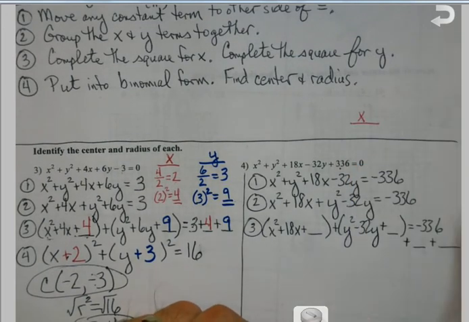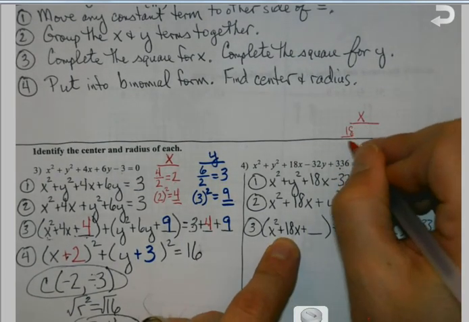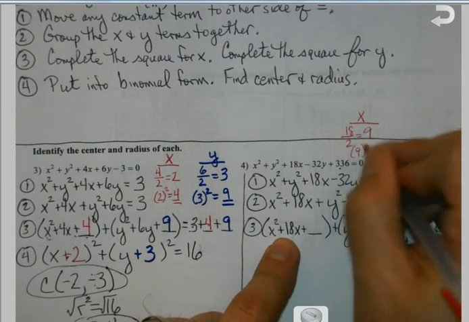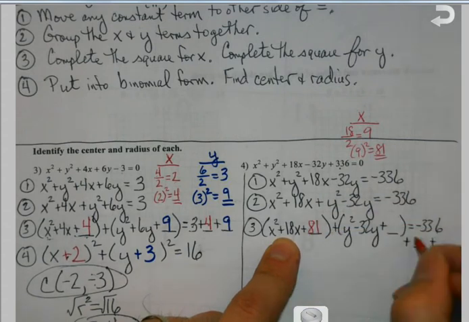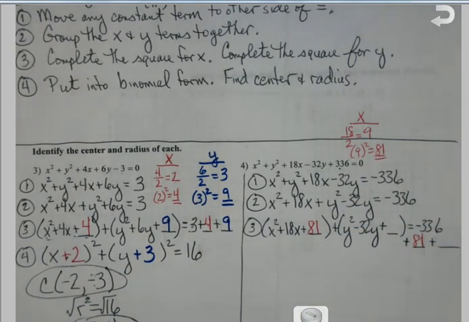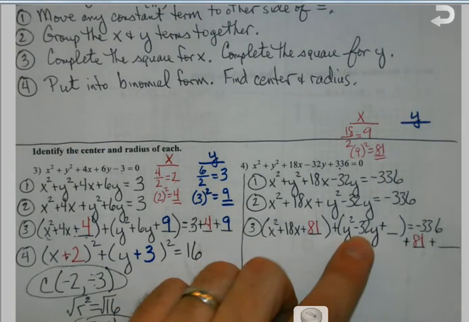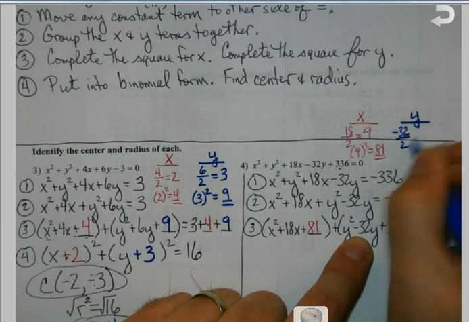So again, if I'm doing x, I take that number in front of x, the 18, divide it by 2, and then square it. And that's going to be the number that goes in my first blank. My y is going to be the exact same thing. Take that number that's in front of y. If it's negative, make sure to take the negative with.